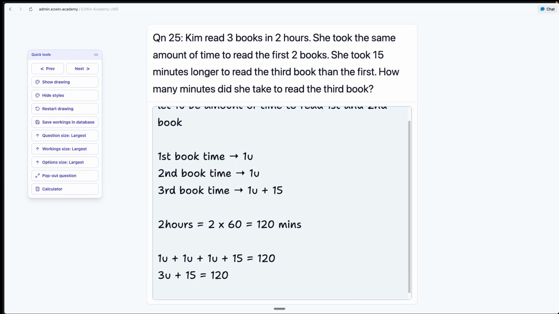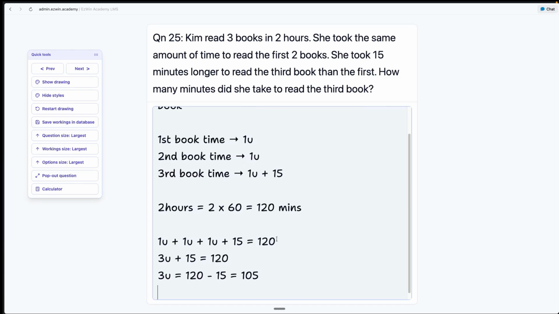And then we minus off 15: 3 units equal to 120 minus 15, equal to 105. So 1 unit would then be equal to 105 divided by 3. You can just do your calculation, but the answer is 35.